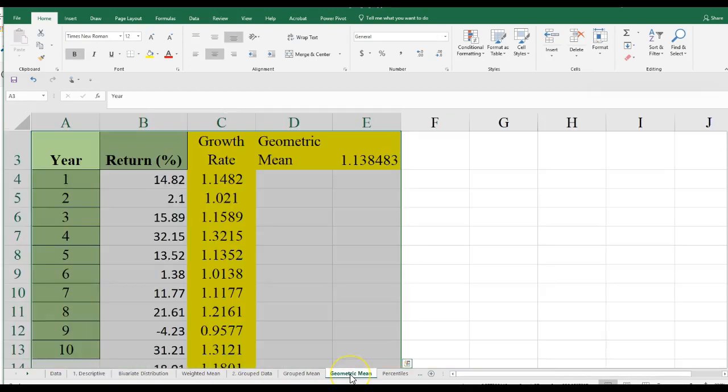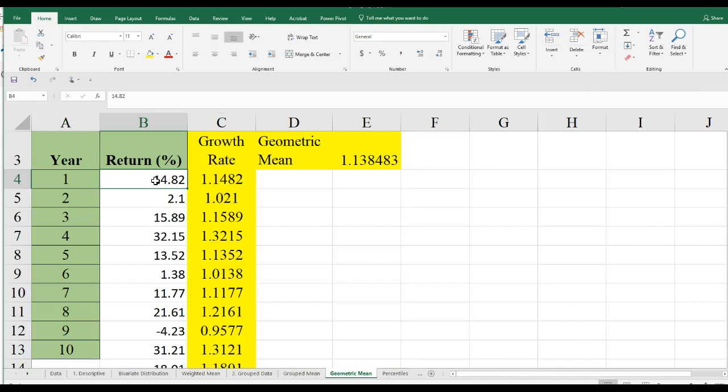And we're going to look at our geometric mean tab and simply type in those values. Based on the way this is set up, it's important to enter those growth rates as real numbers, not as decimal equivalents.